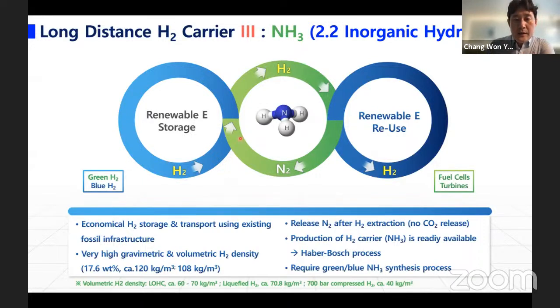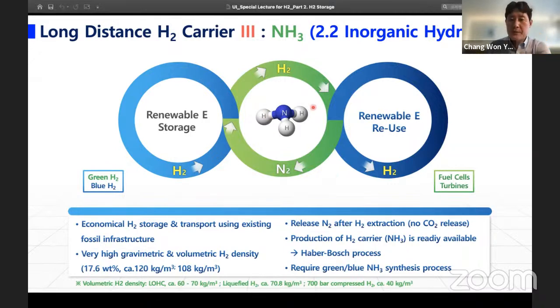And the ammonia production, which means the reaction of nitrogen gas with hydrogen gas to produce ammonia, is already commercialized. This is the Haber-Bosch process. So this ammonia hydrogen carrier is readily available, and the transportation is all commercialized.